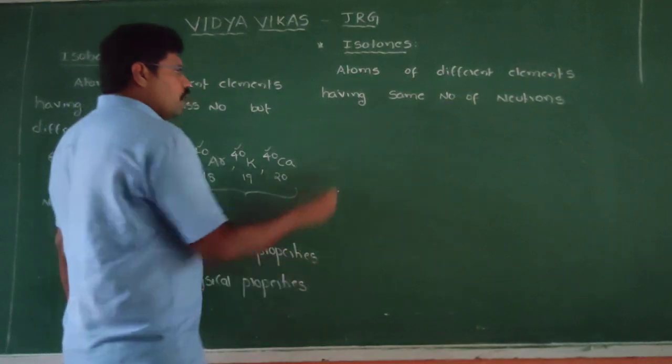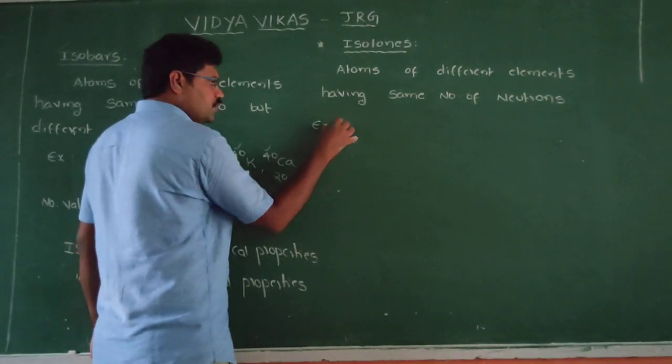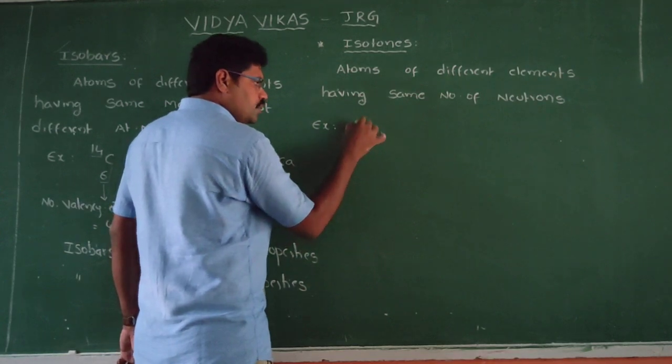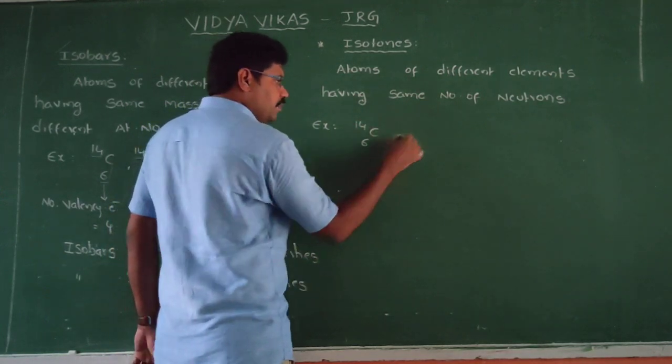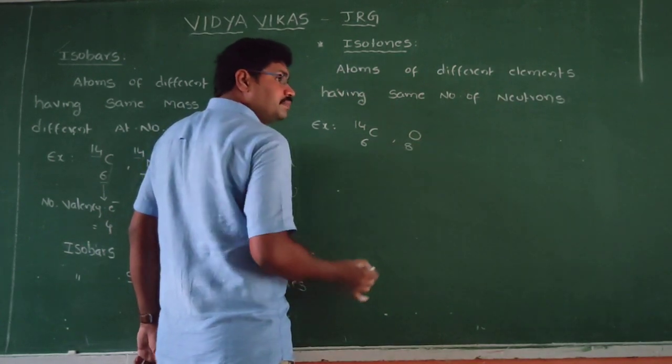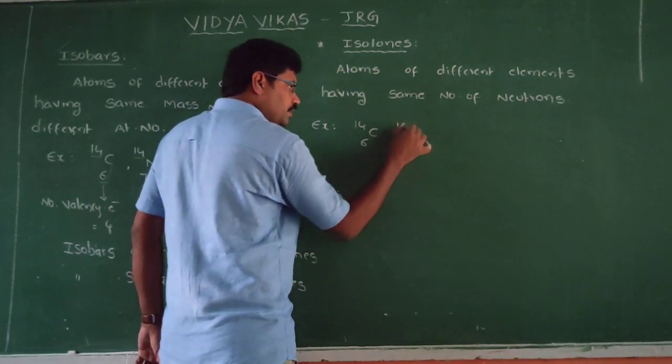Let me come to one example here, dear students. I am ready to choose carbon with the atomic number 6 and mass number 14, and oxygen atomic number 8 and a mass number 16.